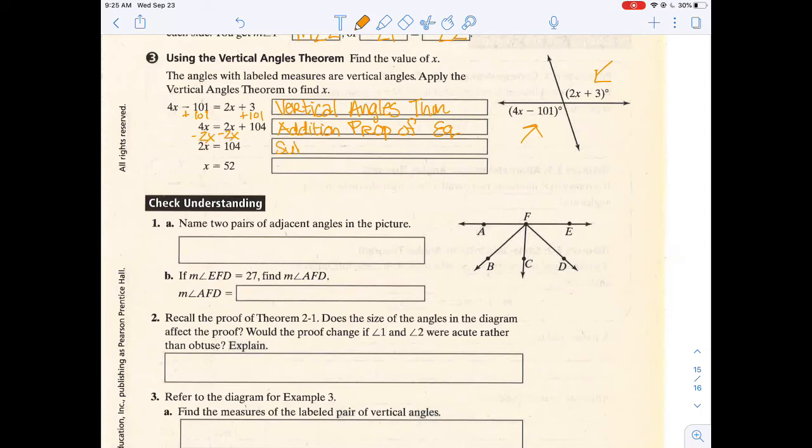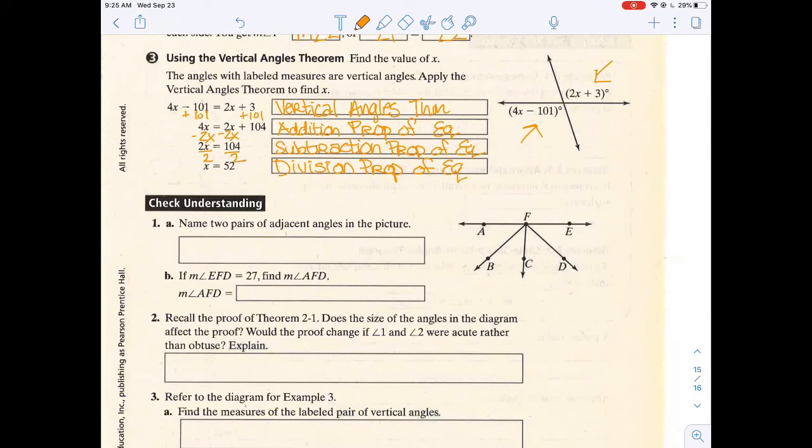So that would be the subtraction property of equality. And then we needed to get rid of the 2 to get x by itself, so the opposite of multiply by 2 is divide by 2. So the division property of equality.